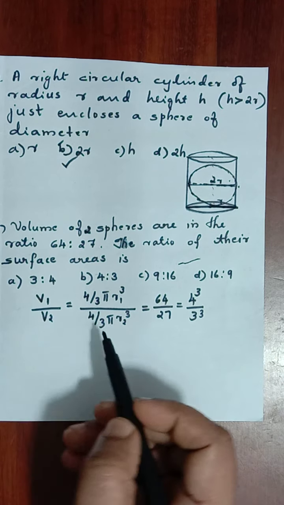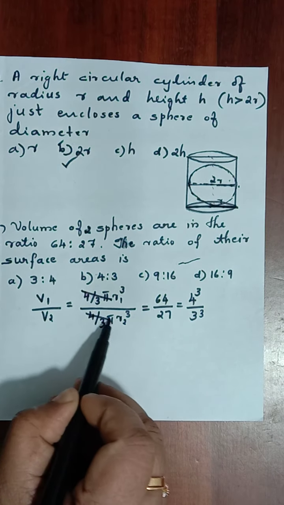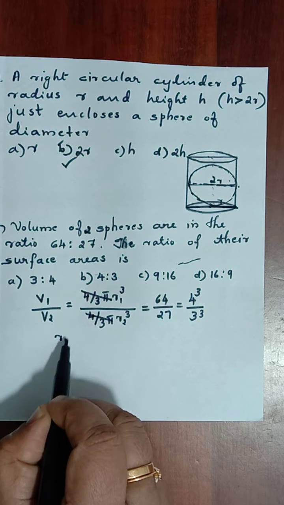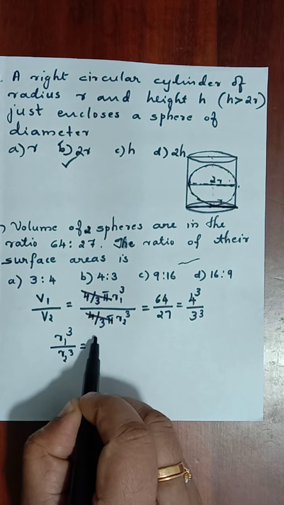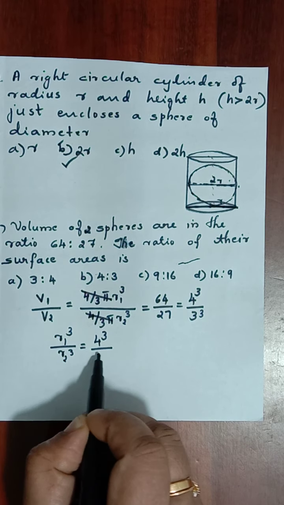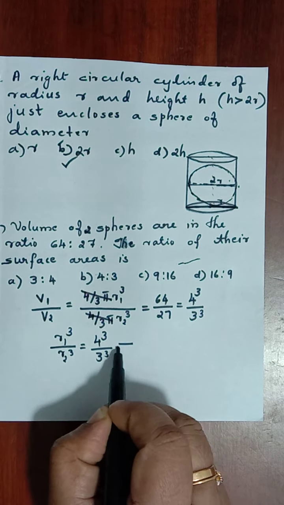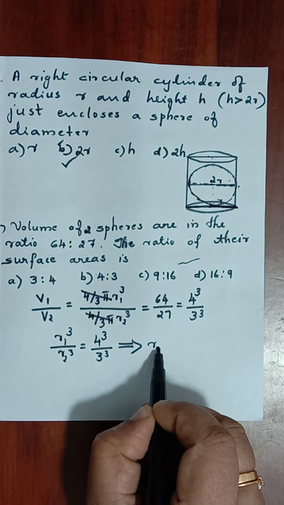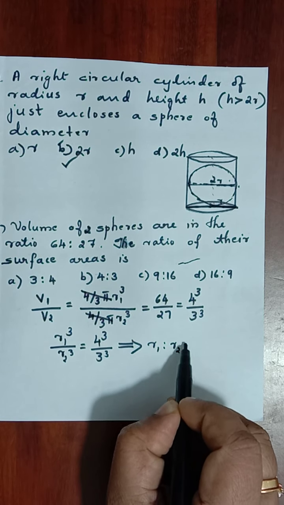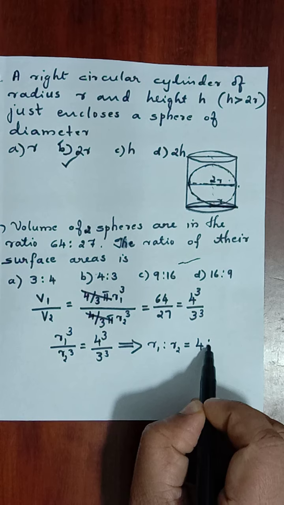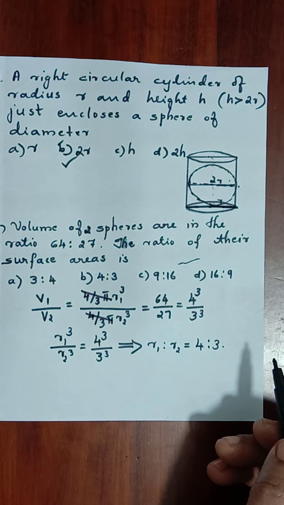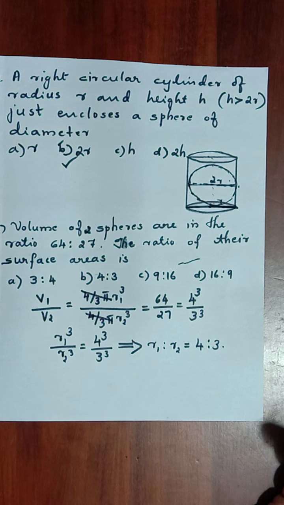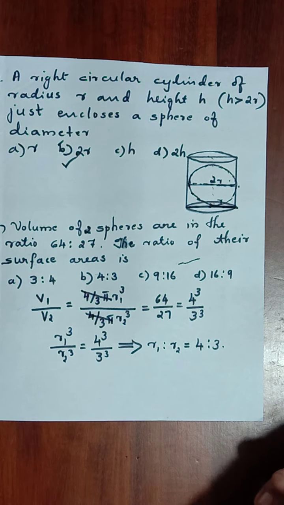We can cancel 4 by 3 pi. So r1 cube by r2 cube is equal to 4 cube by 3 cube. This implies r1 is to r2 is equal to 4 is to 3. Let it be 4x and 3x, or as 4 and 3 we can take.